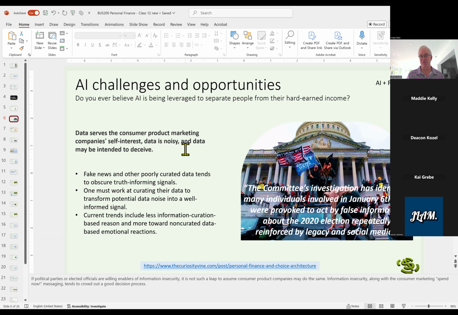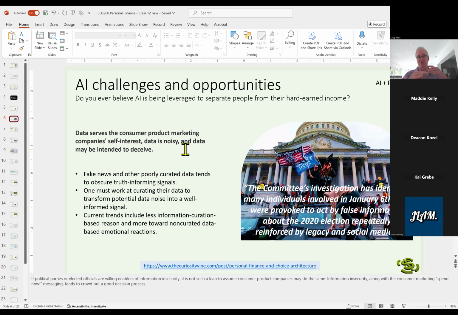I'm not a particularly political person, but the bottom line is the findings were that there was false information that very likely led to that event, where several people got killed. And that's horrible. Hopefully we can all agree on that. So the point is that fake news and poorly curated information can obscure truth-informing signals, and it can lead to disastrous outcomes.